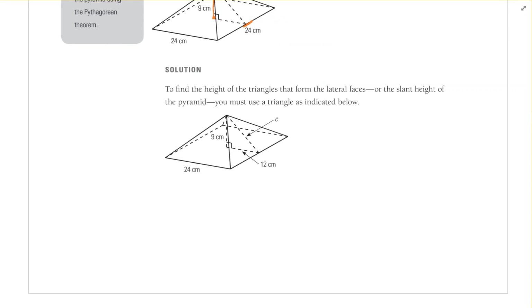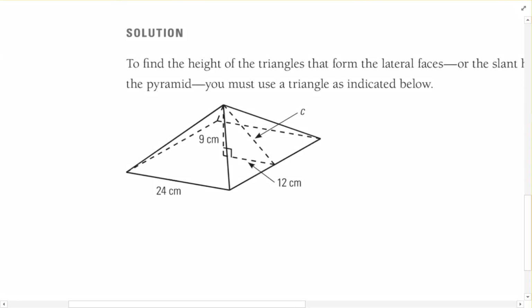And the way we're going to be able to do this is by seeing that if you look inside there, we've got a triangle, right? That's a triangle like that. And it's a right angle triangle. And we know the bottom is 12 because it's going to be half of the distance of this, right? So that's going to be the bottom of our triangle. And then we know up and down is 9.